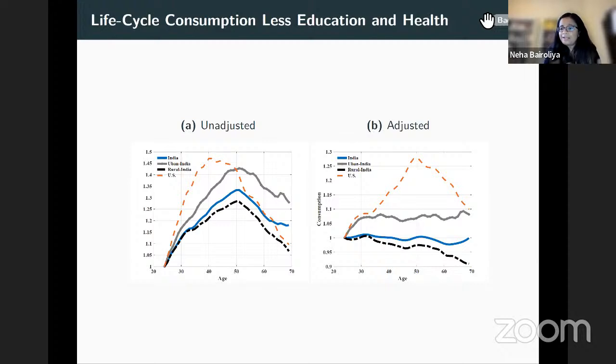So we look at it another way. Let's net out expenditures on education and health and see if we find any different results, because it could be that most of the growth for US households is driven by education and health expenditures, which we don't observe, at least not on a similar level for Indian households. The story stays the same, it doesn't matter.